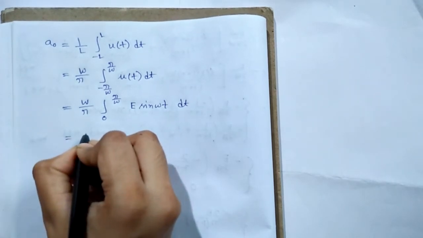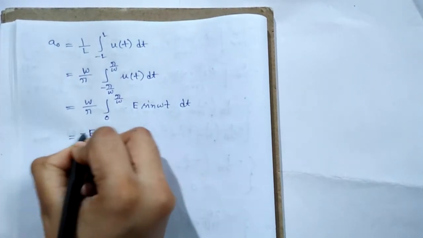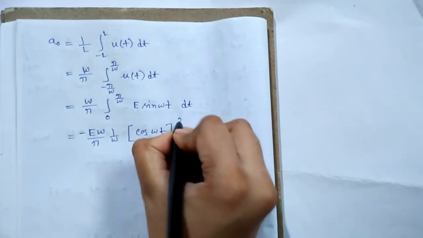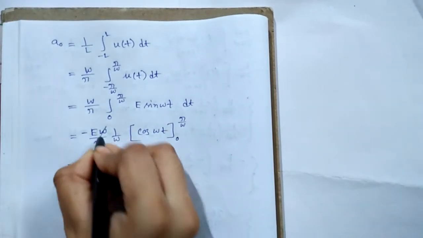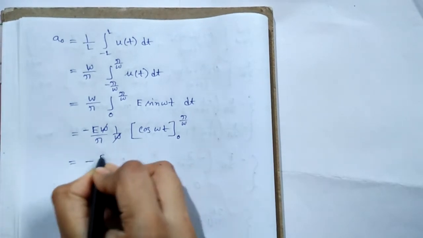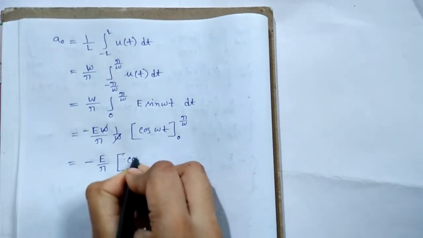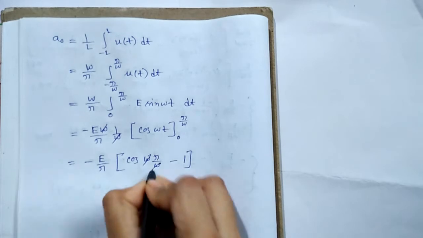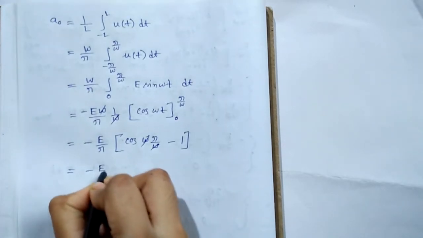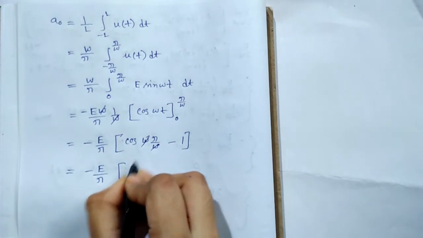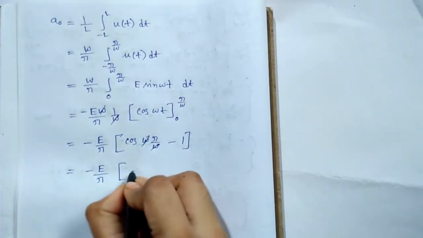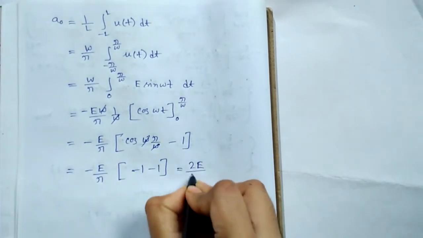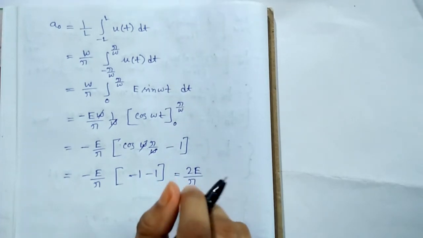This is equal to e omega by pi, minus cos omega t by omega. Just integrate the value, omega omega cancel out, minus e by pi, cos omega pi by omega minus cos 0, which is 1. So this is equal to minus e by pi, cos pi minus 1. Cos pi means minus 1, so this is minus 2, and we get 2e by pi. So this is the value of a0.